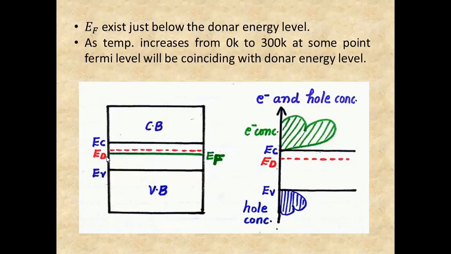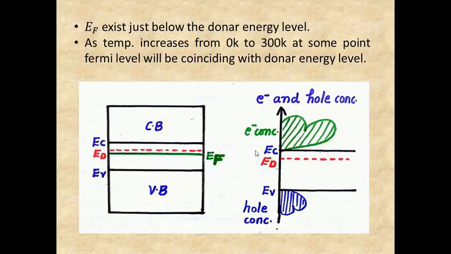Red is your donor energy level and EF is here. In n-type semiconductor, as temperature increases from 0 to 300 Kelvin, there will be some intermediate temperature at which the Fermi level will be coinciding with the donor energy level.